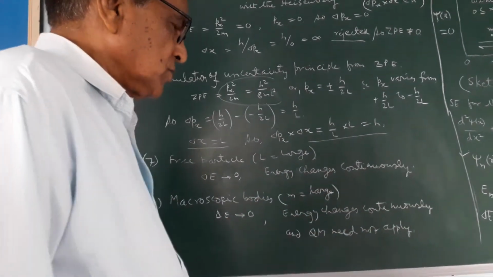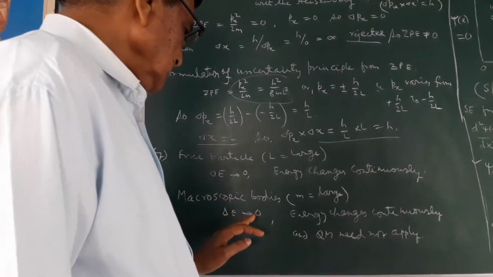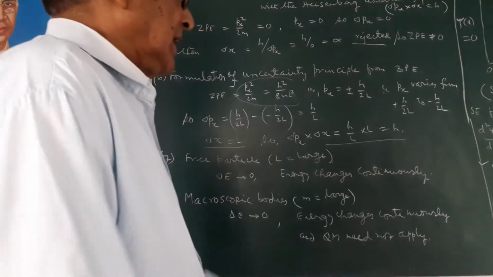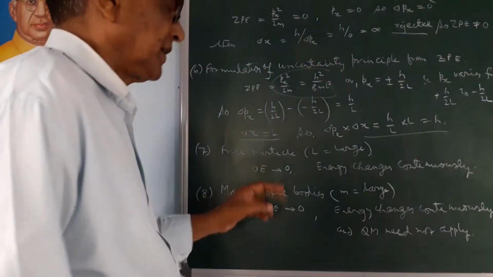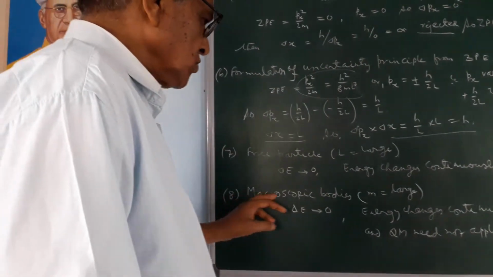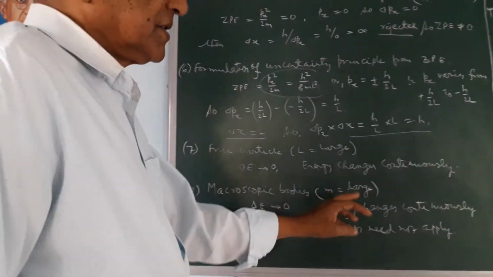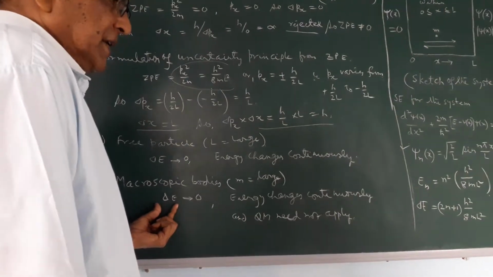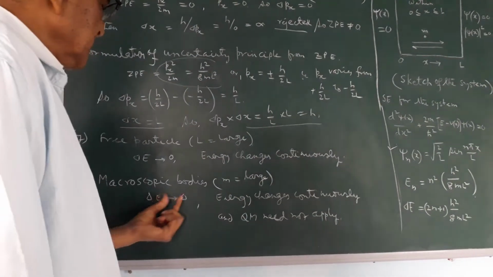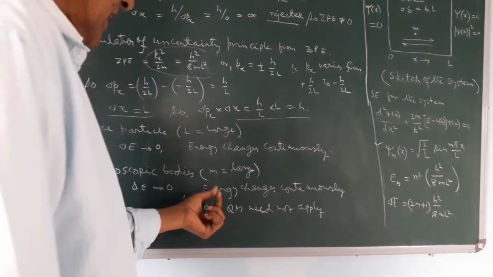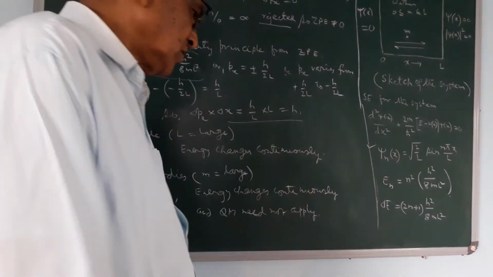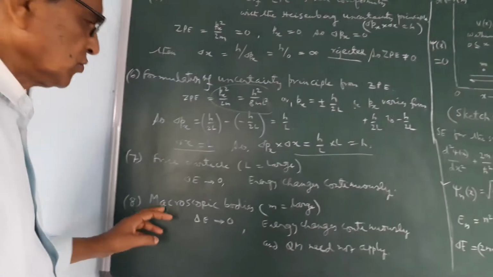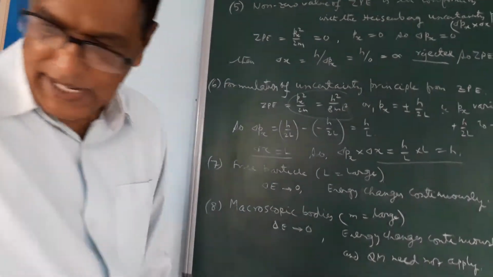So the energy changes continuously for a free particle. And again, for macroscopic bodies, m is large. When m is large, delta E, the spacing between the energy levels, again tends to 0, and so energy changes continuously in this case also. Quantum mechanics need not apply to macroscopic bodies. It is like that.